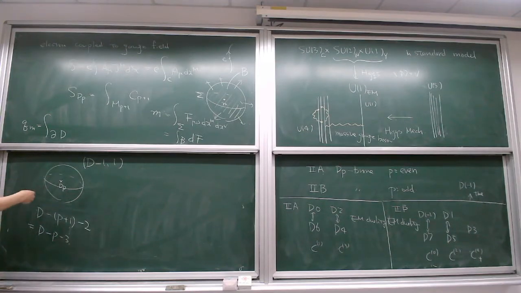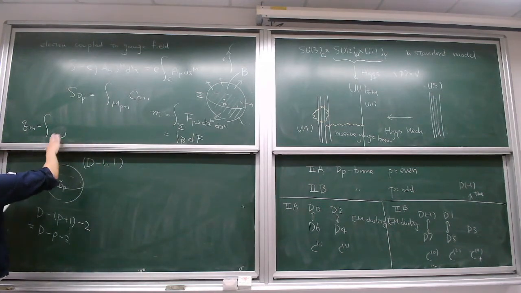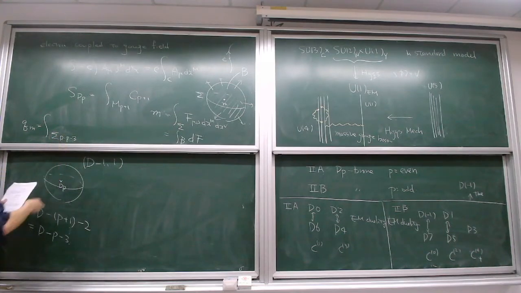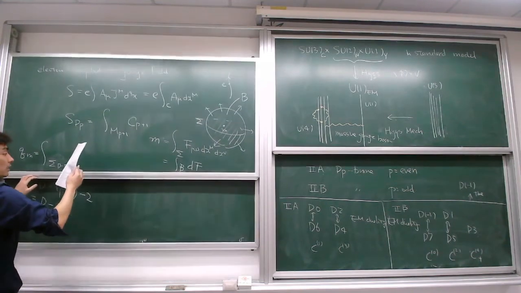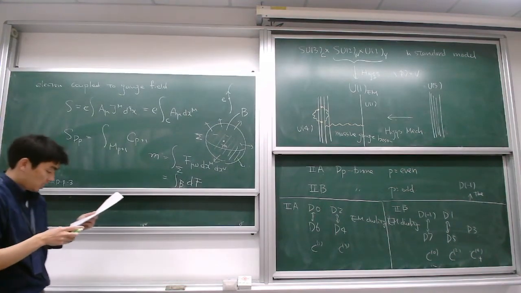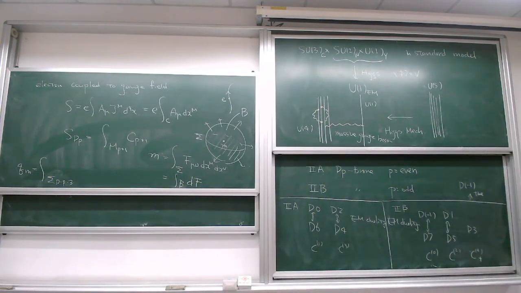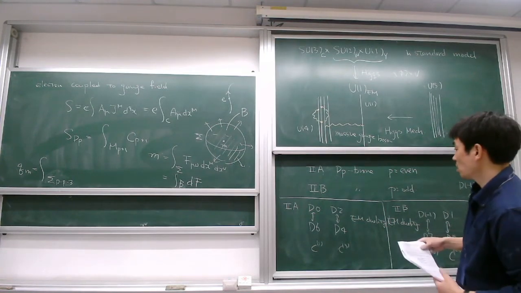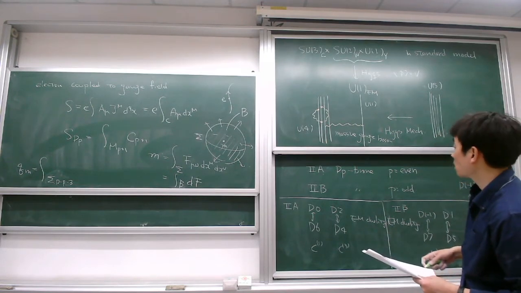So the corresponding sigma is a D minus p minus 3 surface, which integrates out this G. How do I define G? Yes, so this H. Hopefully what I'm doing is correct.